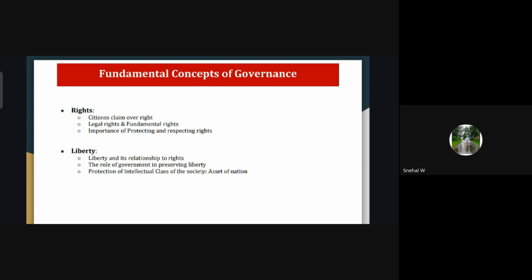Government has to ensure that whatever fundamental rights are listed in the constitution, government will have to work for the fulfillment of those rights. So that is a major difference between legal rights and fundamental rights.